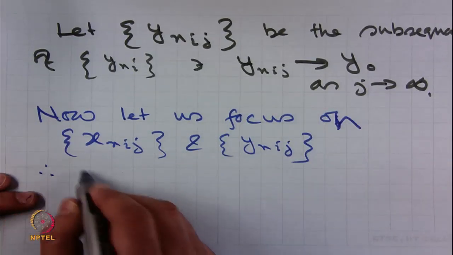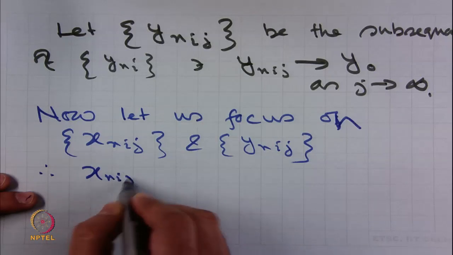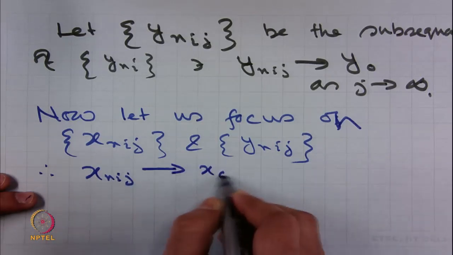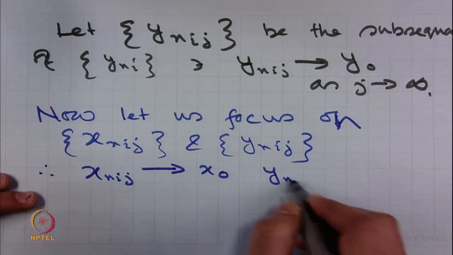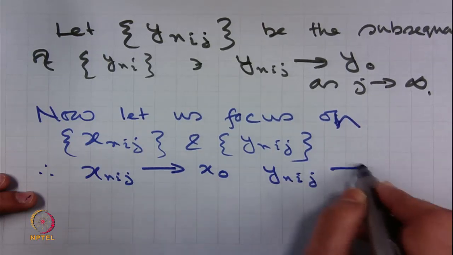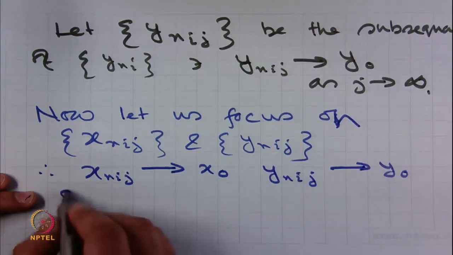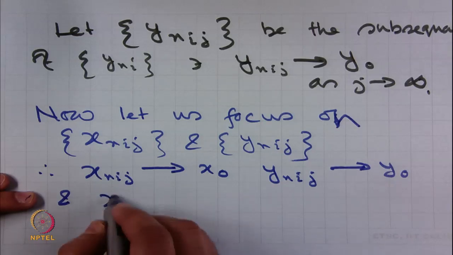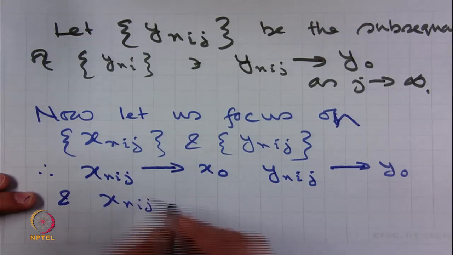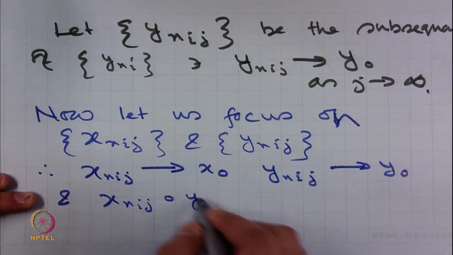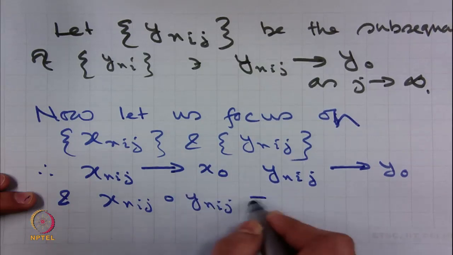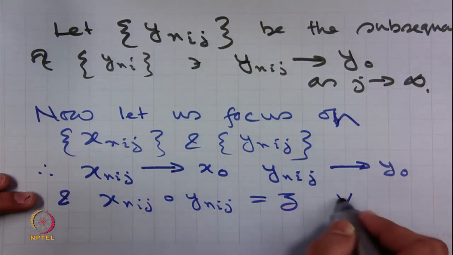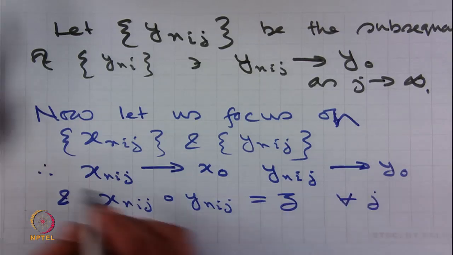Therefore, x n i j is converging to x naught, y n i j is converging to y naught, and x n i j of y n i j is equal to z for all j.